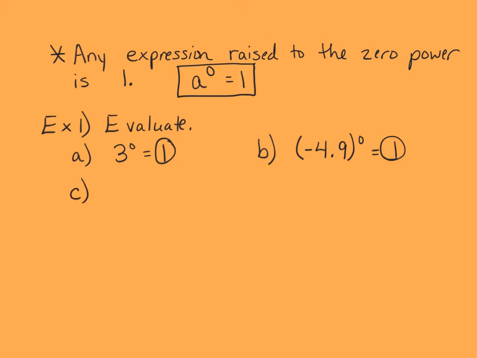We could have an algebraic expression, negative 2x squared, y to the negative 4th power, z to the 14th power, but all of that is raised to 0 power. It's all within a parenthesis and 0 is outside it, so that also equals 1.